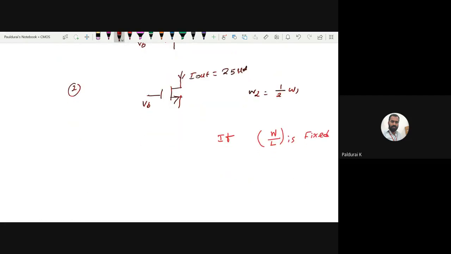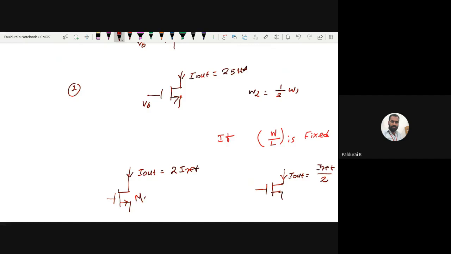If width to length ratio is fixed, the question, please listen to me carefully, it's quite interesting. This time, how to get I out equal to 2 times I reference, as well as how to get I out equal to I ref by 2, if width to length ratio for both transistors is fixed?